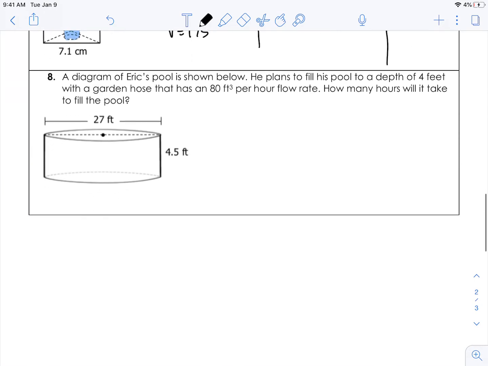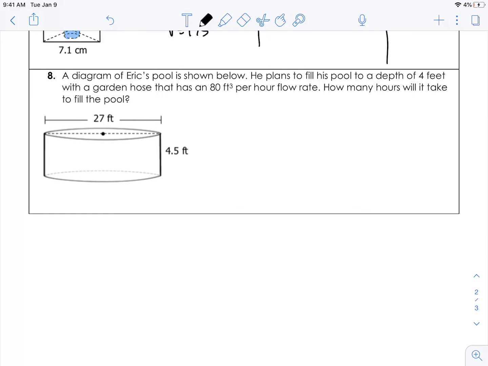Okay, and then the very last one. We have a diagram of Eric's pool. He plans to fill his pool to a depth of 4 feet, with a hose that has an 80 cubic foot per hour flow rate. How many hours will it take to fill the pool? First thing we want to do is find the volume.